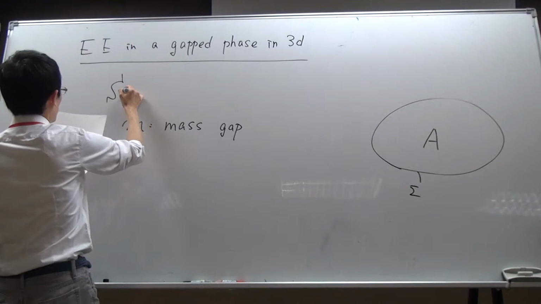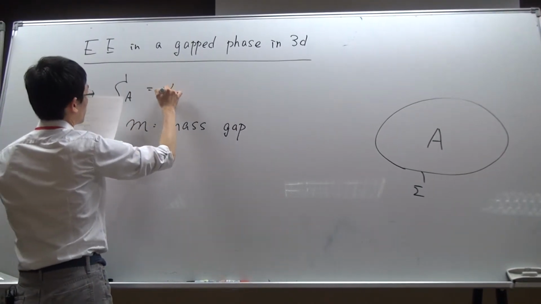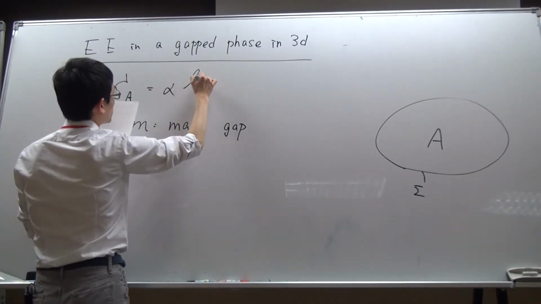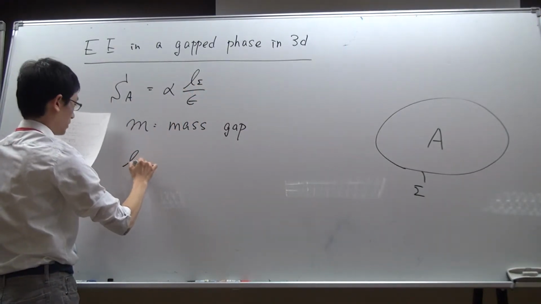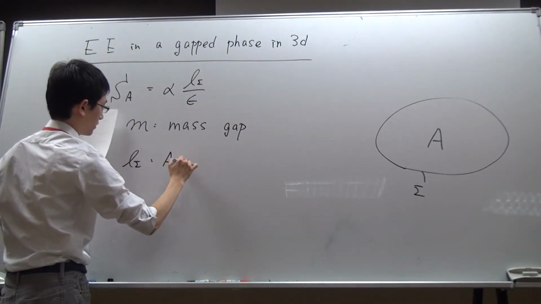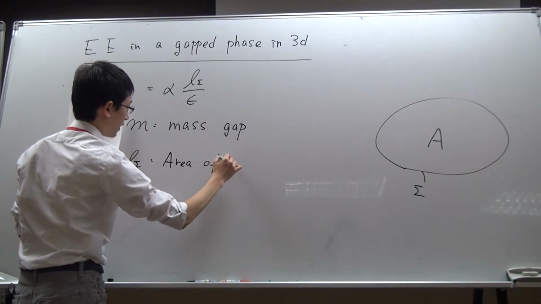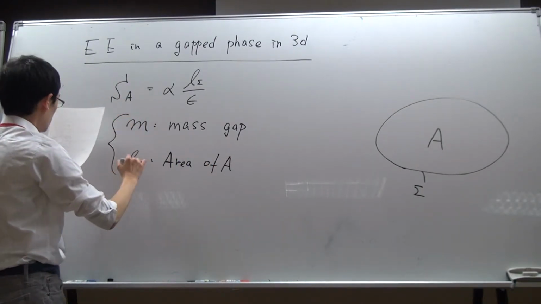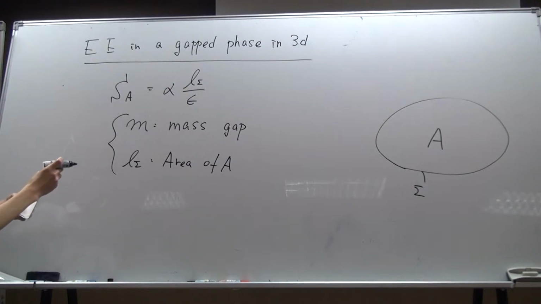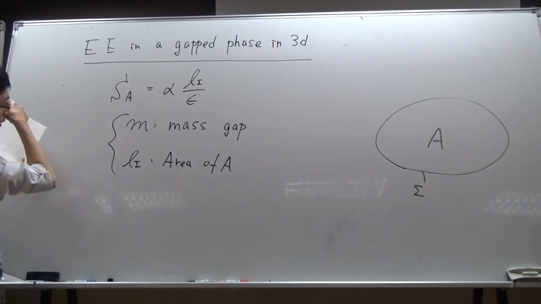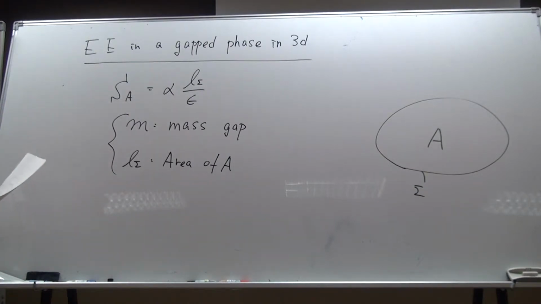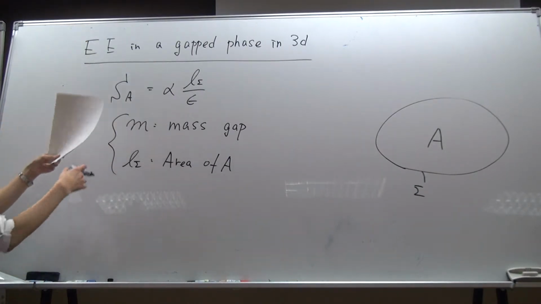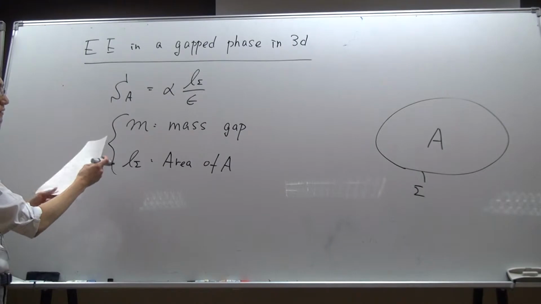Entanglement entropy always has an area law divergence, where L sigma is the area of A. But here I'm interested in the gapped system where the mass gap is very large, so I expect that the entanglement entropy can be expanded in terms of the inverse of the mass.